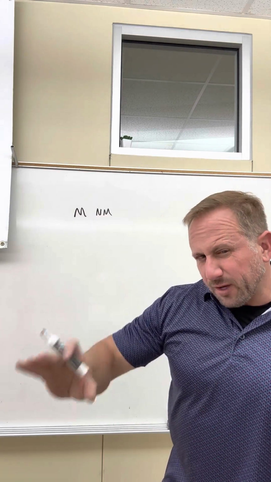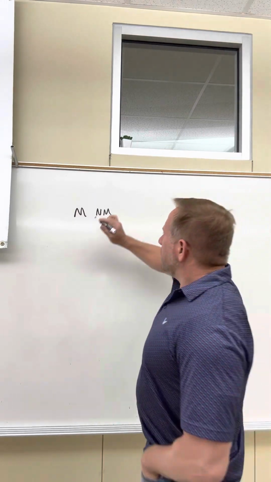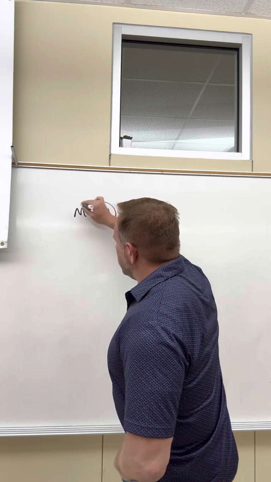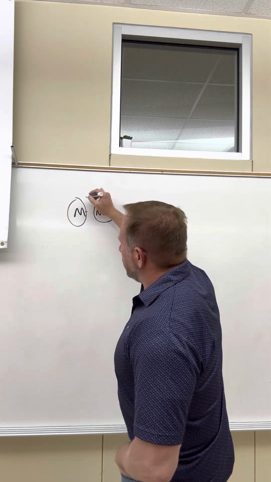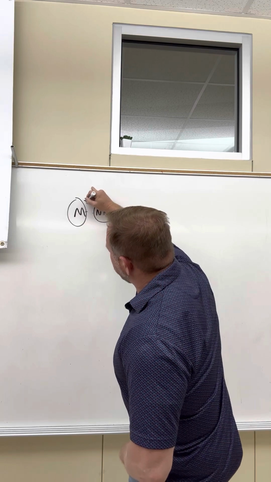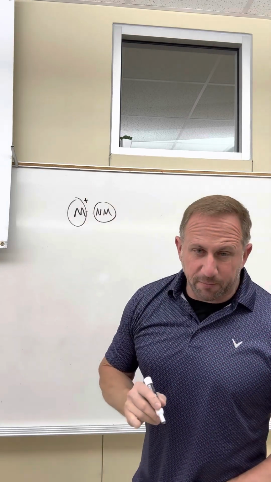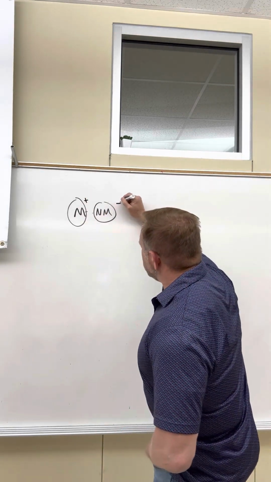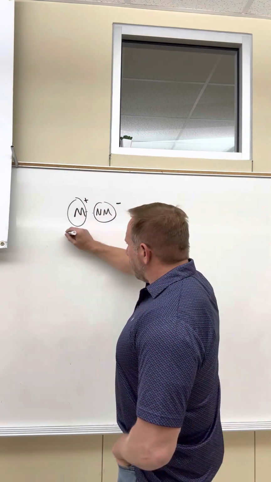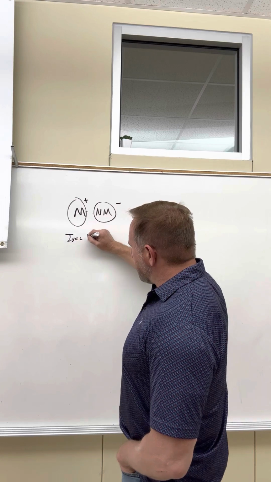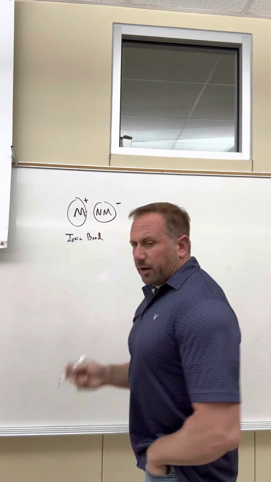So if a metal and a non-metal come together, we end up getting the non-metal gaining an electron from the metal, the metal becoming a positively charged cation, and the non-metal becoming a negatively charged anion. What we end up getting is what we call an ionic bond. An ionic bond.